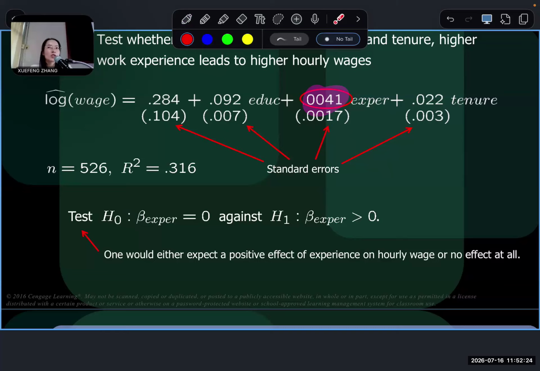You guys woke up? So here, our H0, which is the null hypothesis, beta experience equals 0, against the alternative hypothesis, which is H1: beta experience is greater than 0, okay? One would either expect a positive effect of experience on hourly wage or no effect at all.